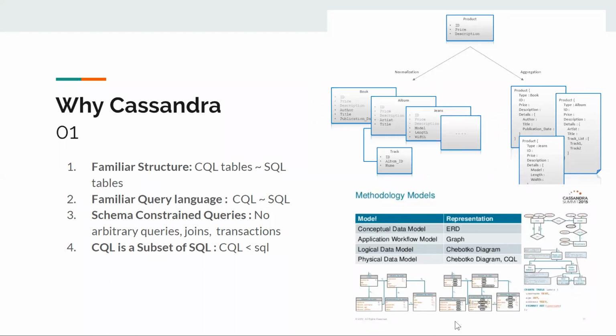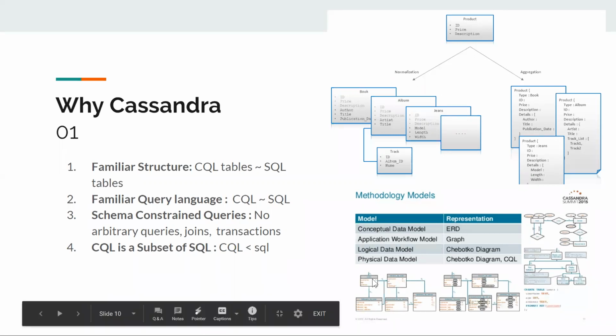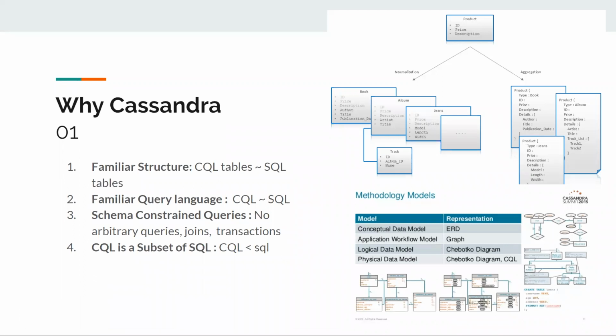This is really the realm of DS220, which is a free course available on DataStax Academy, which talks about how to go from a conceptual data model and an entity relational diagram to an application workflow, which is how somebody uses the system, and how that dictates the design of the Cassandra database.